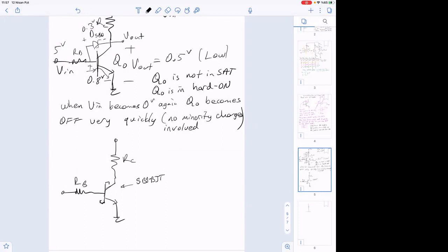So when there's a huge current in here, the transistor is in hard on, and they measured the base emitter voltage, and after the measurement, they found that it's closer to 0.8 volts. So we say it's 0.8 volt. Is that okay? Yes. So that's a special case of the transistor. I mean, the transistor shape even changed.